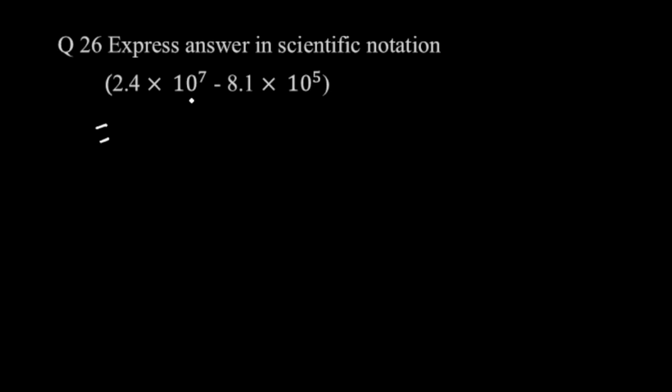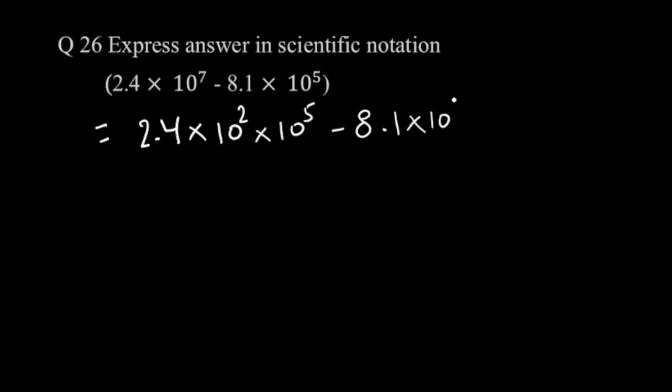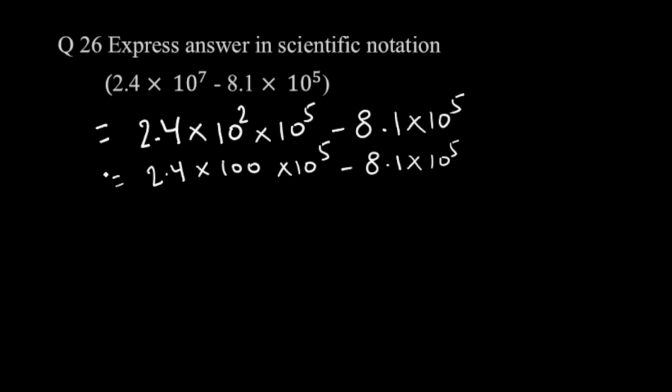We're going to make 10 to the power 5 as common power. 2.4 multiply 10 to the power 2 multiply 10 to the power 5 minus 8.1 multiply 10 to the power 5. 10 square means 100.